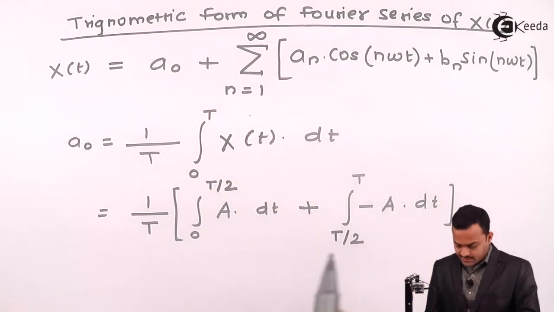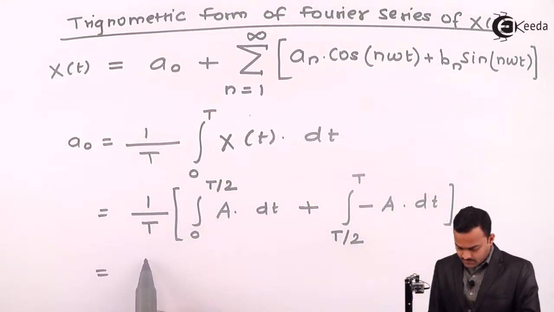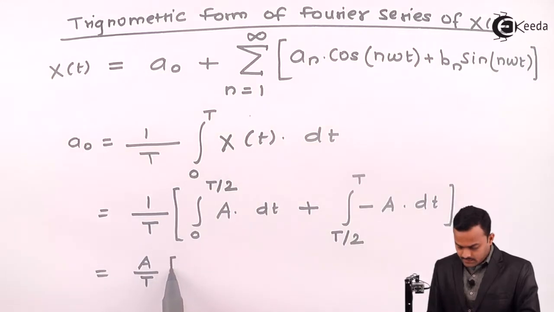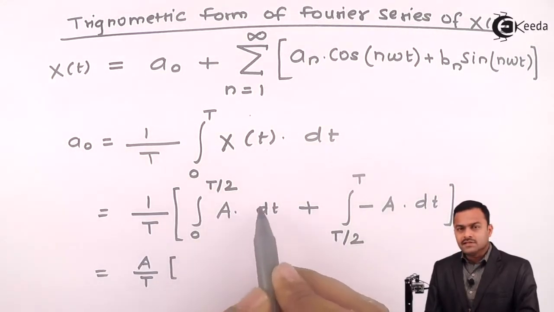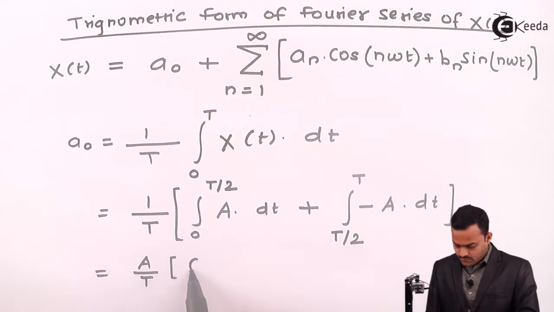If we solve this integral, we will get A by T, integral of dt is t, limits 0 to T by 2.